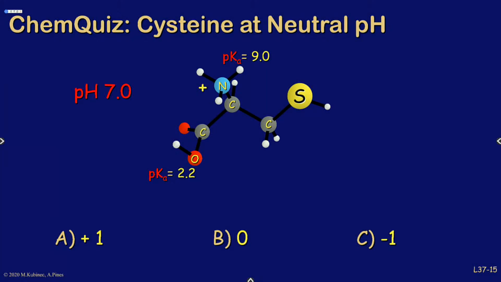So what's going on here? pH 7. I've drawn it at this low pH, and I said to you, you should be able to tell it's at the low pH. Why is that? This proton is attached, and that proton is attached. That proton comes off around pH 2.2. It's half off by the time you get to 2.